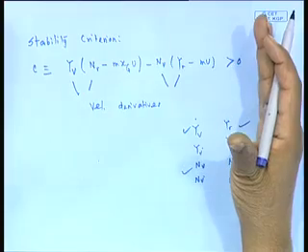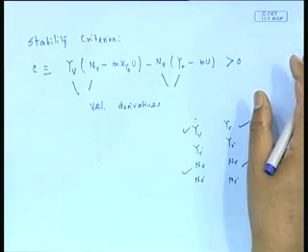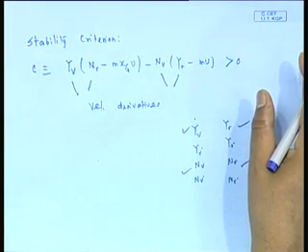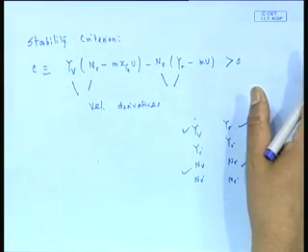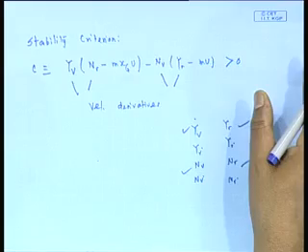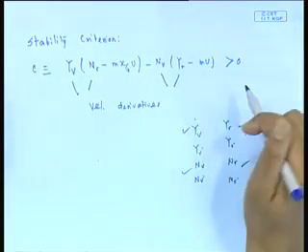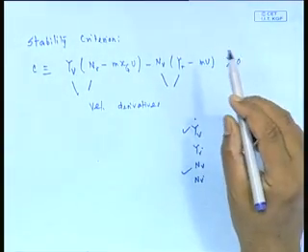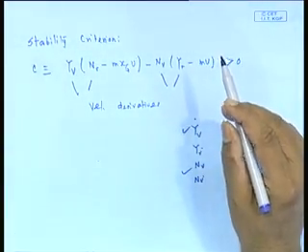This C is what is called the stability index, or you may call it stability criteria, various terms are used. Interestingly, suppose I am designing a hull and I want to make sure the hull is stable.